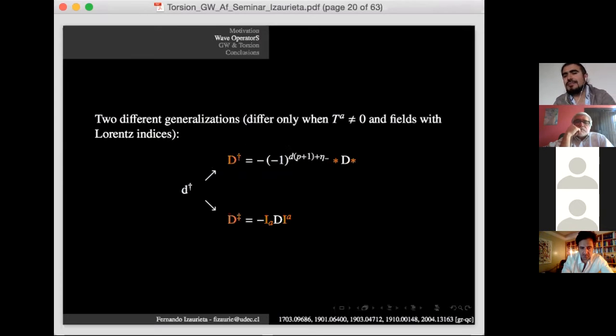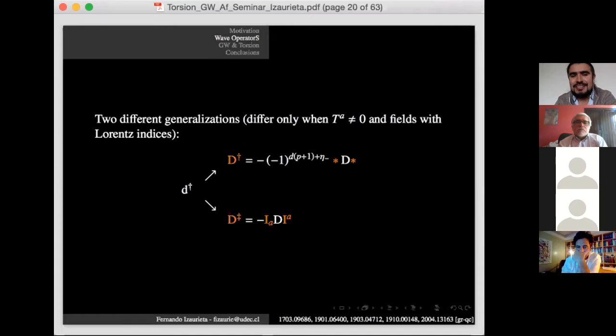And in terms of this operator, we find that the codifferential has two generalizations when torsion is not zero and we are acting on fields with Lorentz indices. In general, these operators are the same when torsion is zero, but if not, they are different.